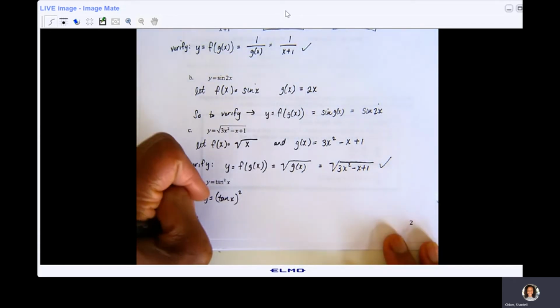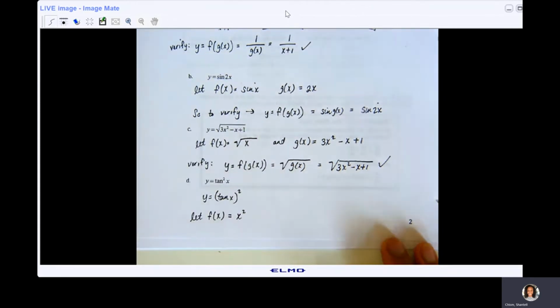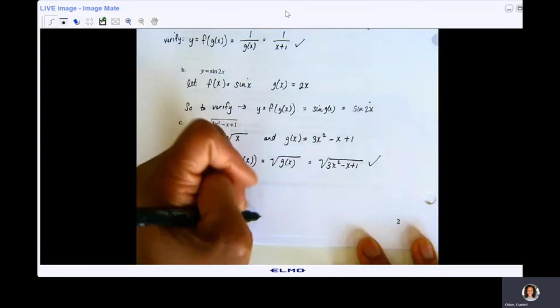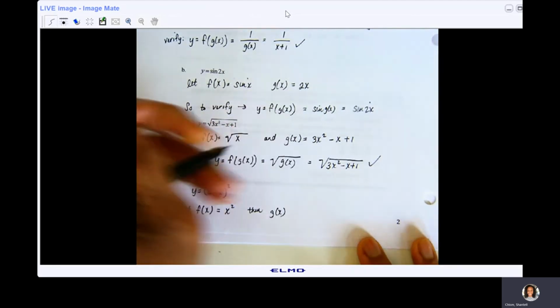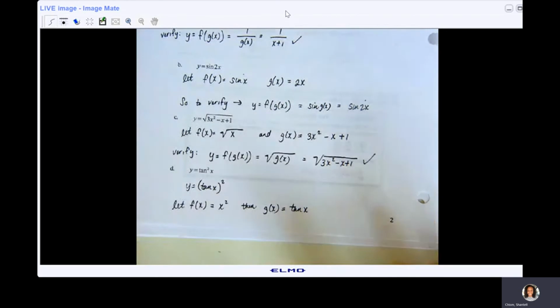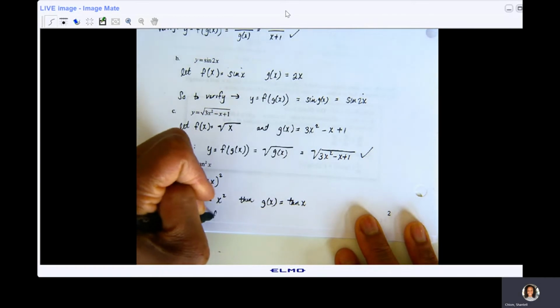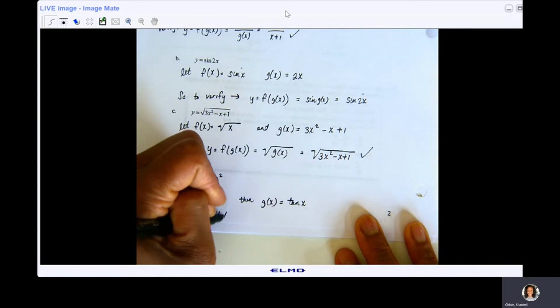So that means I can let f of x be my x squared function, and then g of x, therefore, is the inside function tan x. And I can always verify that. Y equals f at g of x.